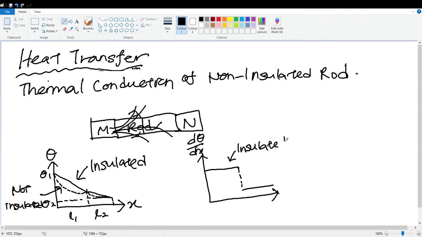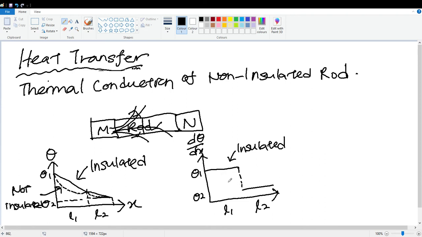We know that the temperature gradient is constant throughout, so this is my theta 1 and this will be my theta 2. If the rod is insulated, the temperature gradient at every point is considered the same.